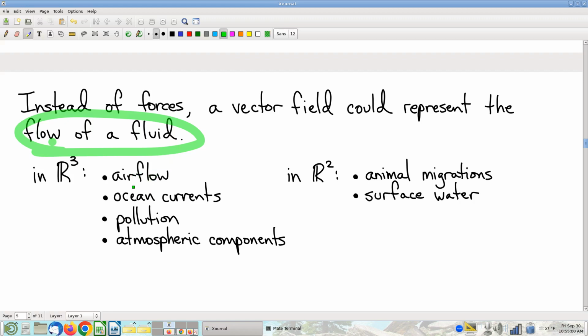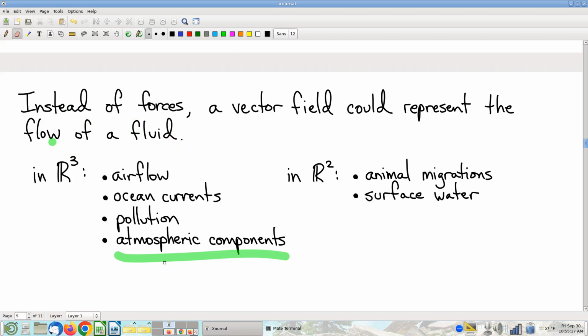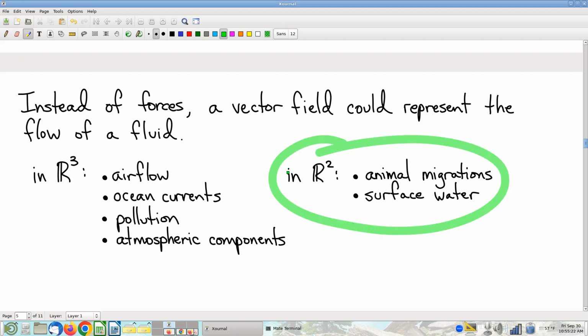We can talk about ocean currents. That's a flow of a fluid, right? Pollution, how that moves around. It's a kind of a fluid in a sense. And et cetera. Where's the ozone? How's the ozone moving around in the atmosphere, et cetera. And those are three-dimensional examples. You can also talk about two-dimensional examples. Surface water being a sort of an obvious one.